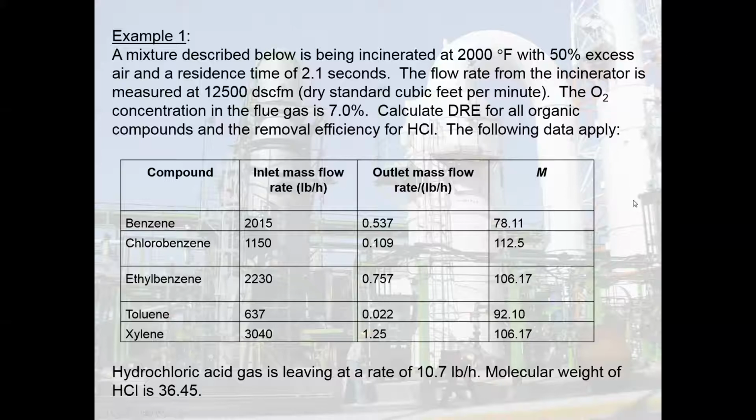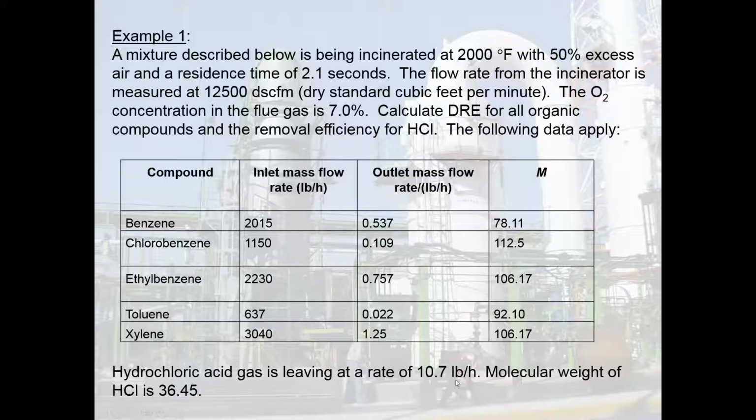And so it wants us to calculate the destruction and removal efficiency for all of these specific compounds, as well as it's indicating to us that there is a reaction that produces hydrochloric acid, and so it wants us to know what's the removal efficiency of the hydrochloric acid, considering that the hydrochloric acid that's leaving is 10.7 pounds per hour.